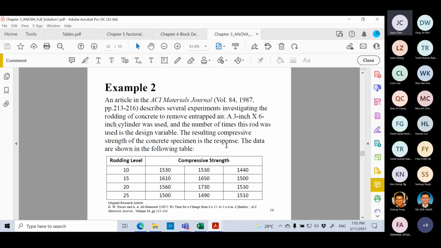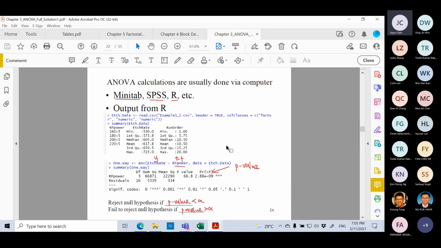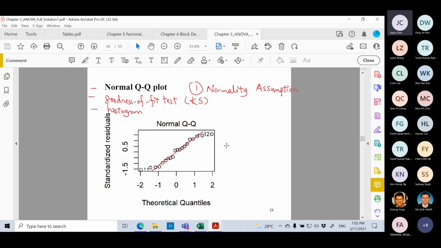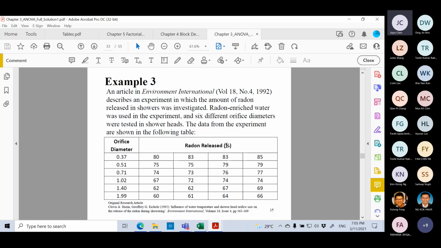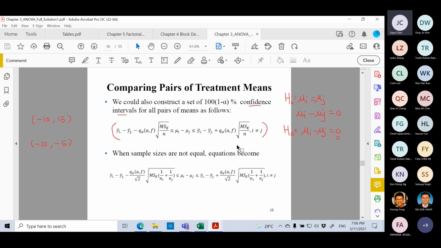This is what I mentioned here. When you're doing this type of comparison, you may need the sigma square. In fact, you can see that they replace it with the MSE.